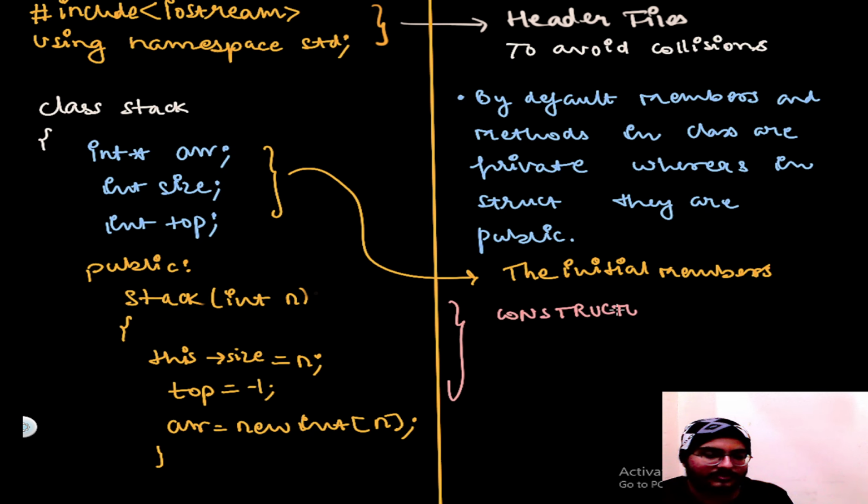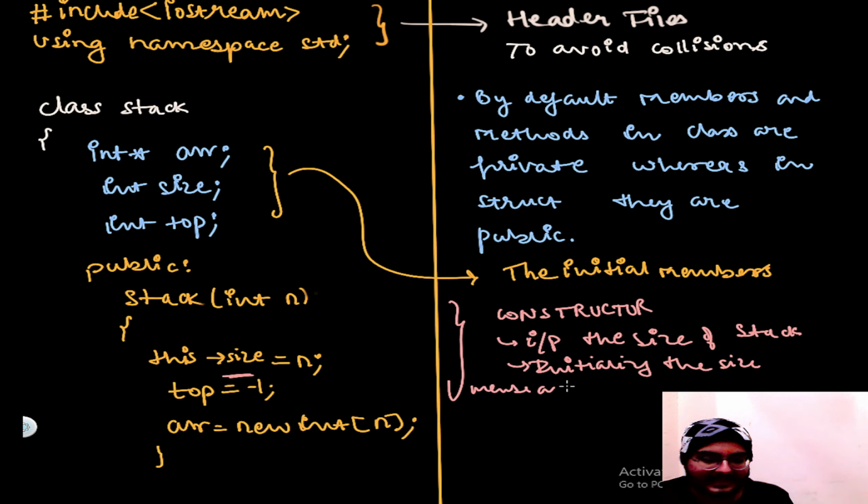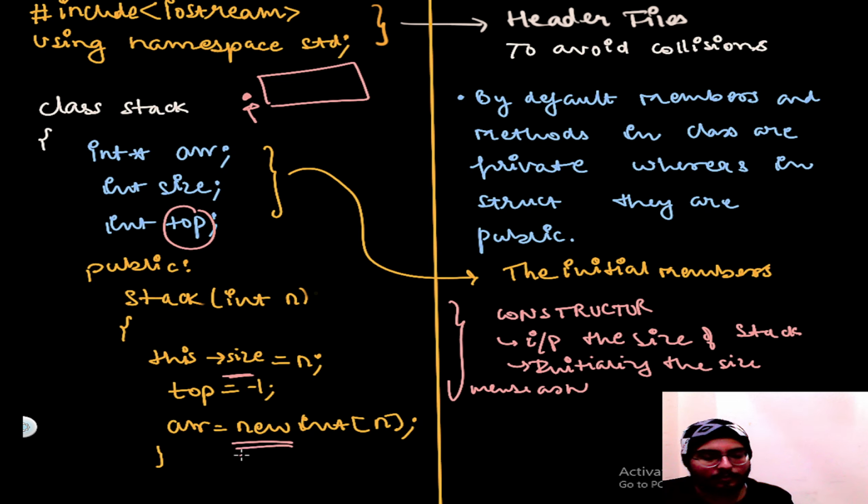Now what this constructor is doing is inputting the size of the stack. Then it is initializing the size member as n. Then it is initializing top is equal to -1. What I said, in the array we initially keep top over here, and it makes a new array.